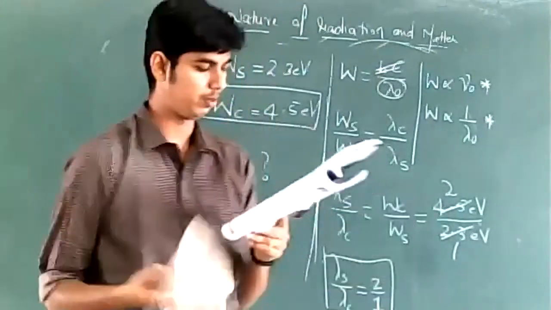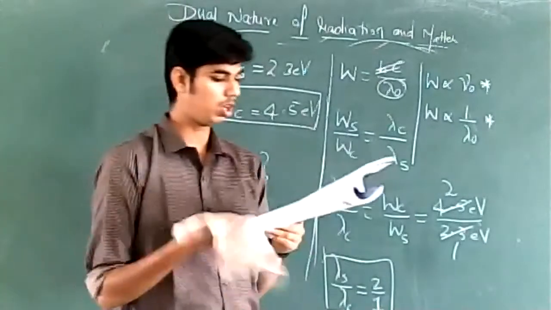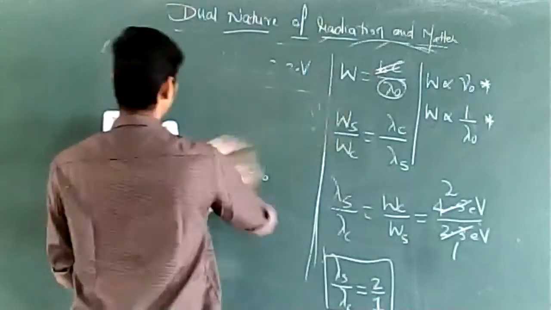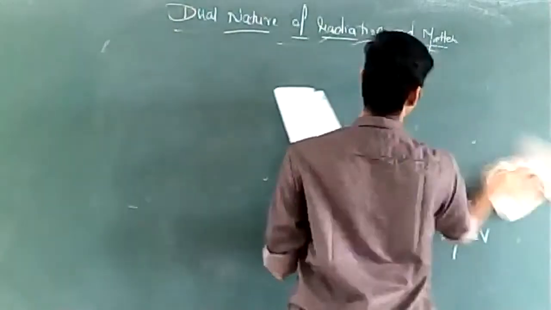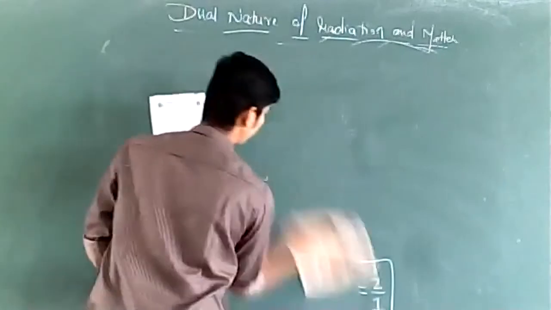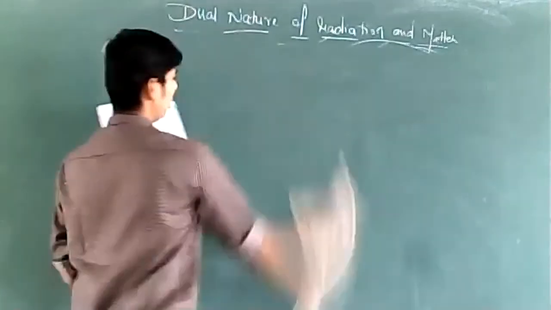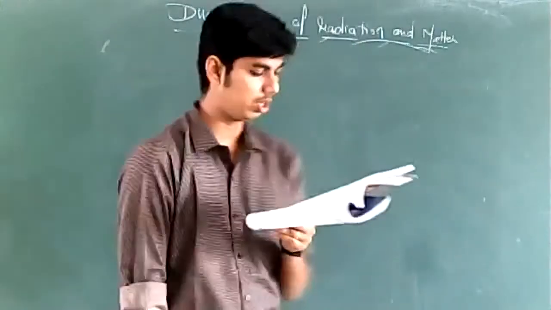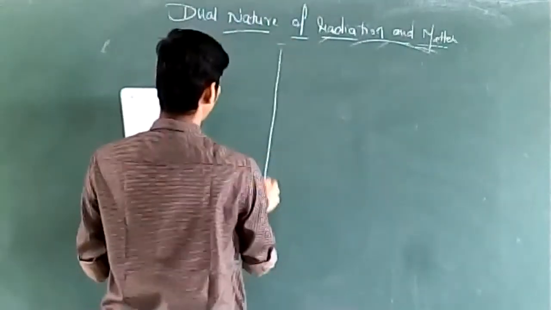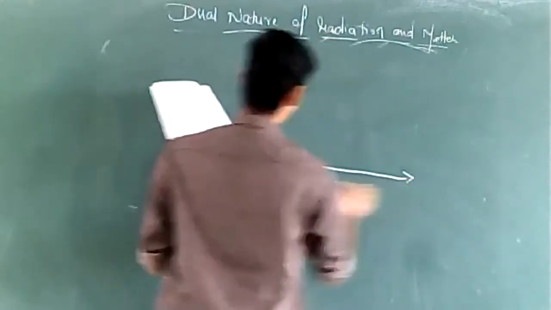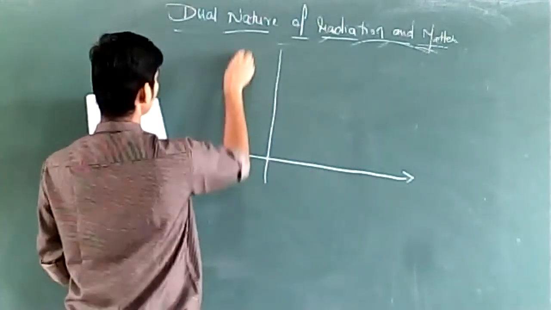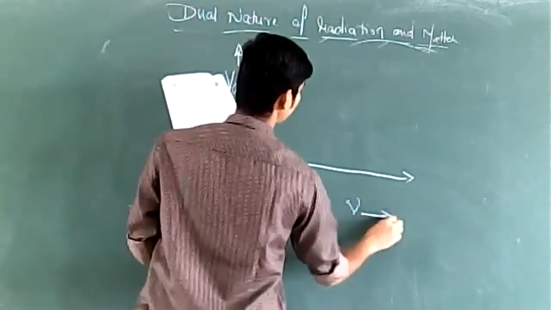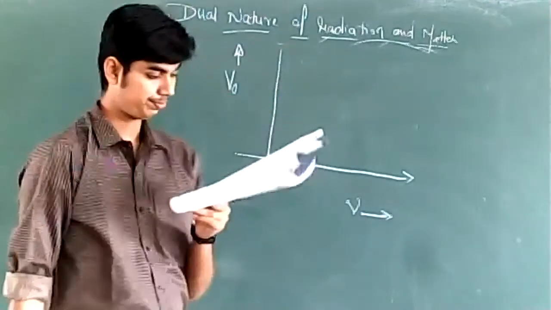Problem number 14. A graph is drawn between stopping potential and the incident frequency. Stopping potential is plotted along the y-axis and frequency along the x-axis.